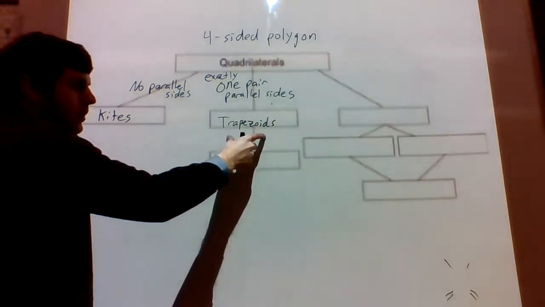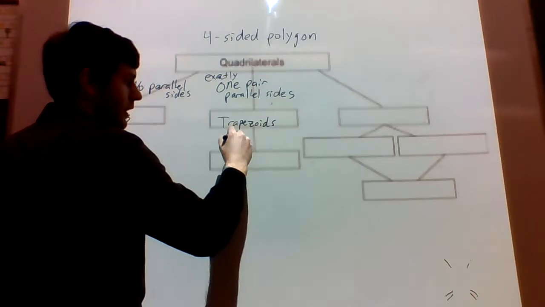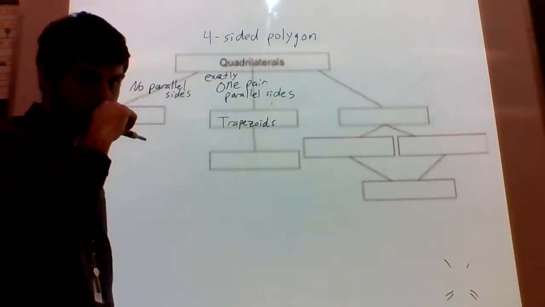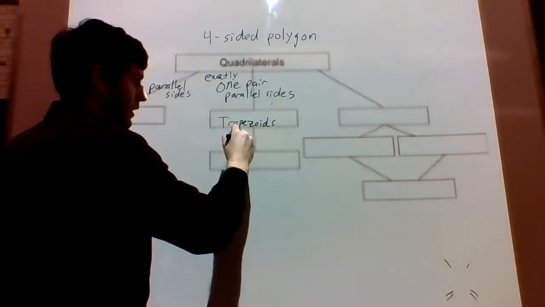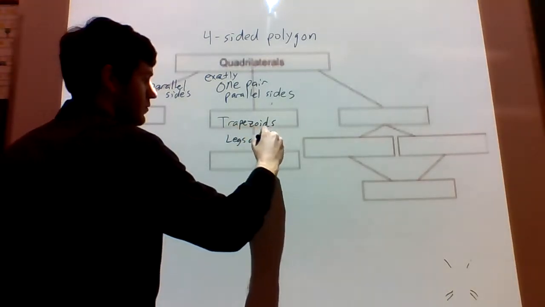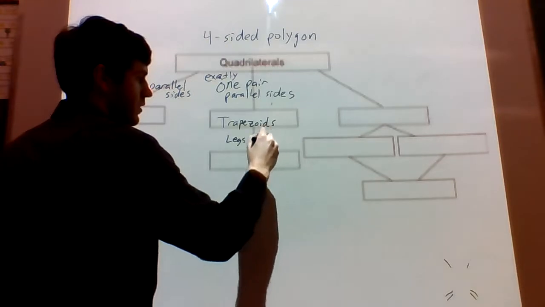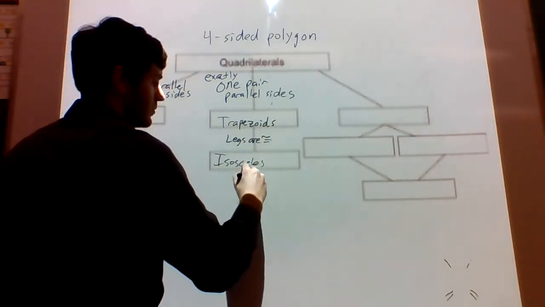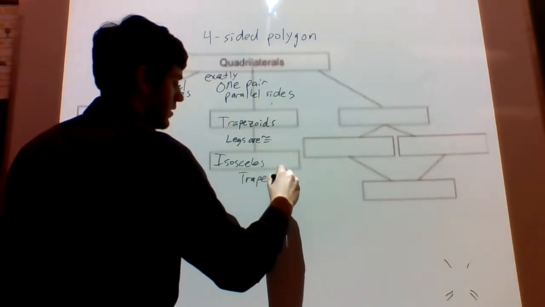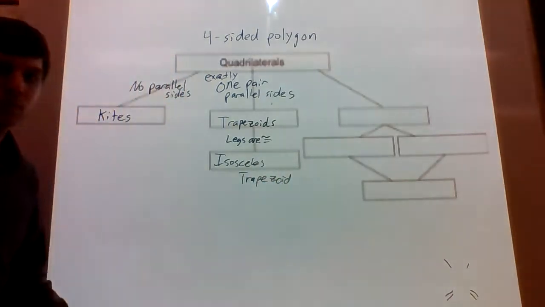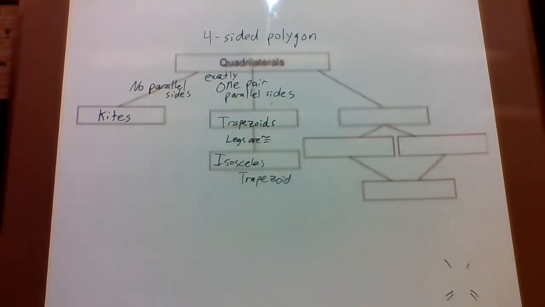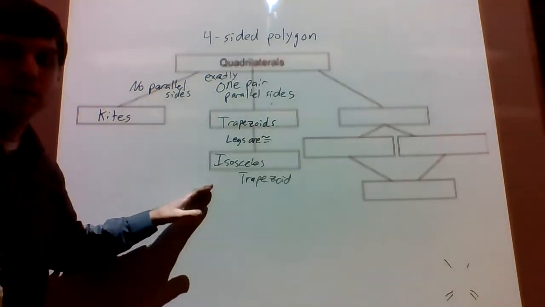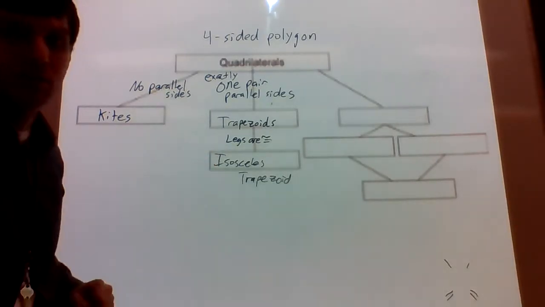The classification we had under trapezoids is if the legs were congruent, or the base angles were congruent. If the legs are congruent, then it is an isosceles trapezoid. So these are all quadrilaterals. Isosceles trapezoids are trapezoids. Trapezoids can sometimes be isosceles if the legs are congruent.